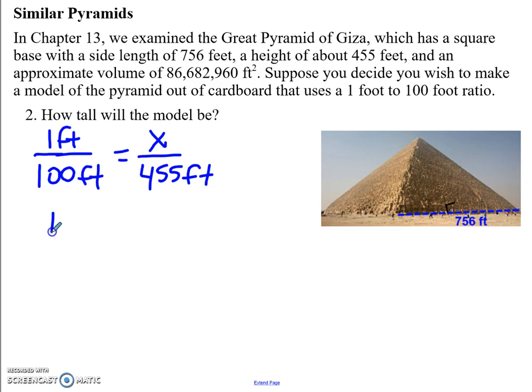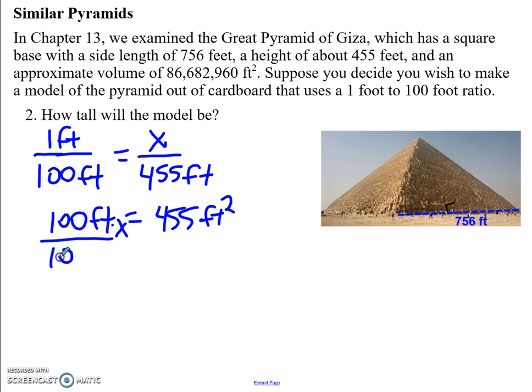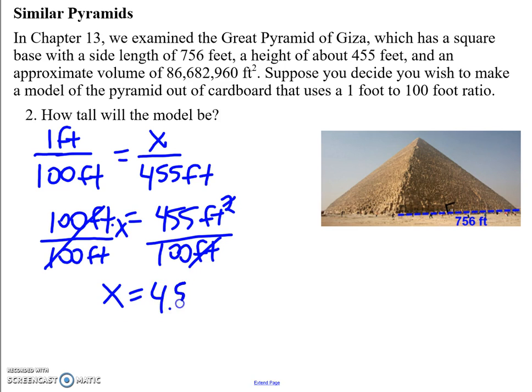So when I cross multiply, I get 100 feet times x is equal to 455 feet squared. Divide both sides by 100 feet. So my feet would cancel here. X would be about a little over 4.5 feet in height. So it's about 7.5 feet wide, and then 4.5 feet tall.